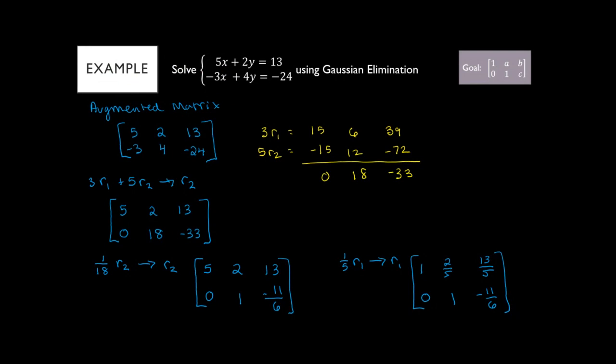So that's what that first row of the matrix gave us. Second row tells us that y is equal to negative 11 over 6. So that's taking that matrix, putting it back into system form so we can do the back substitution.